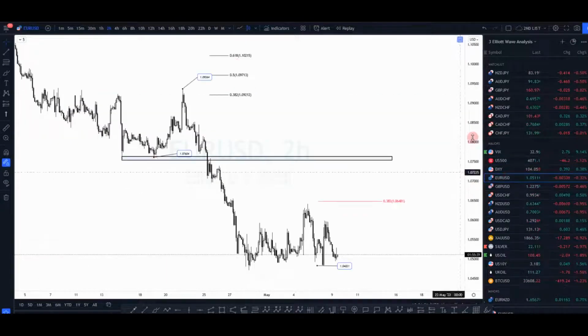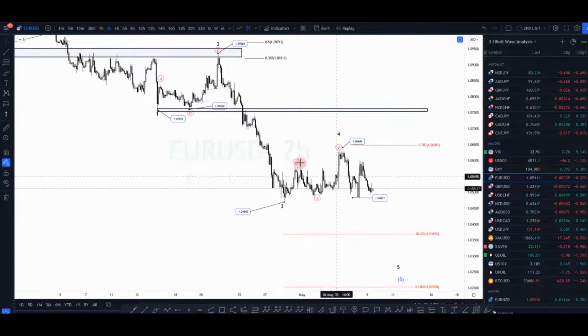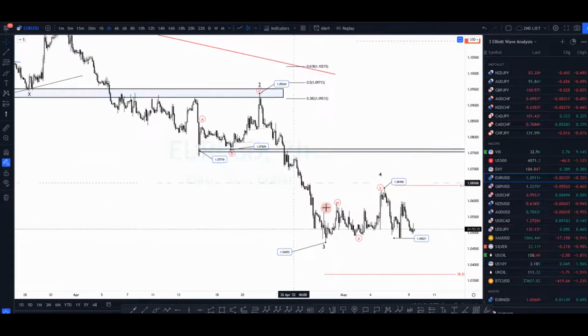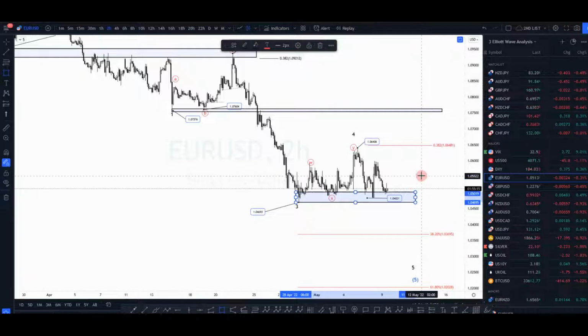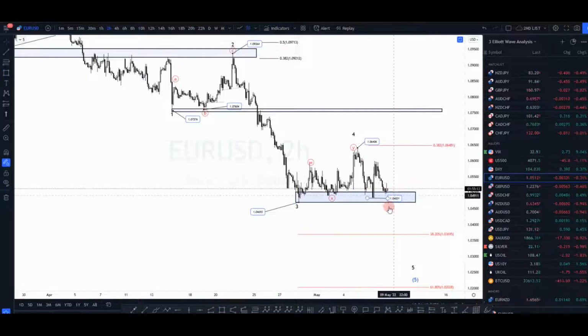That takes us to euro US dollar, which still looks very much bearish. Price just completed another corrective bounce here at 1.0640. That was last week, just like we had one completed at 1.0936. That was in late April. With this happening now, we're having some kind of support base here, which I don't think will be strong enough to hold the price.